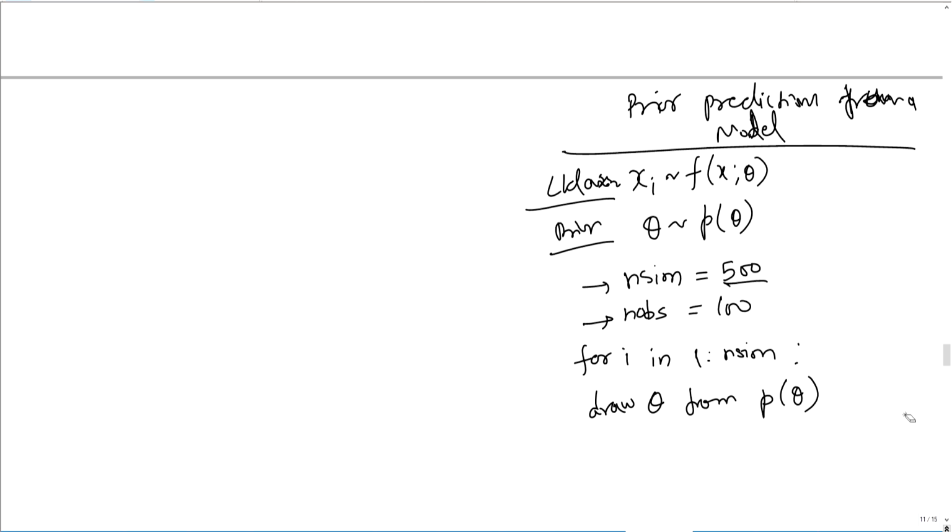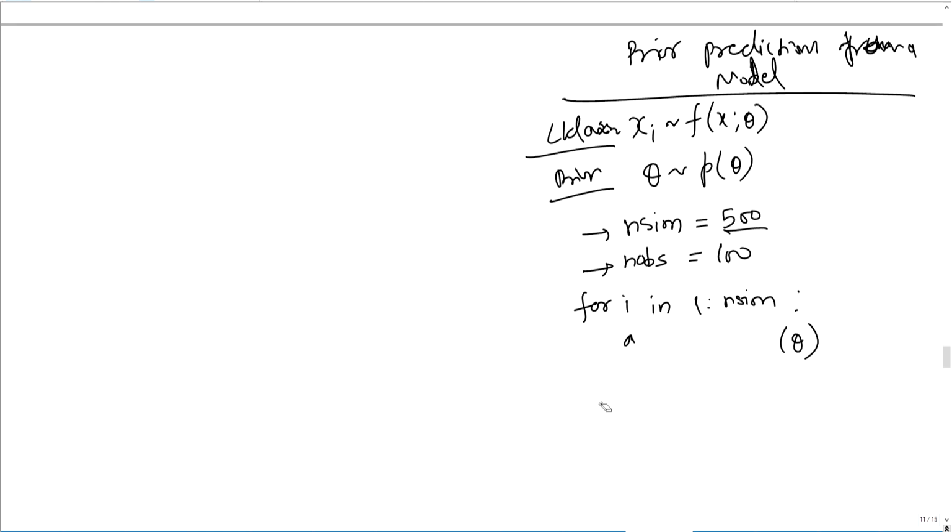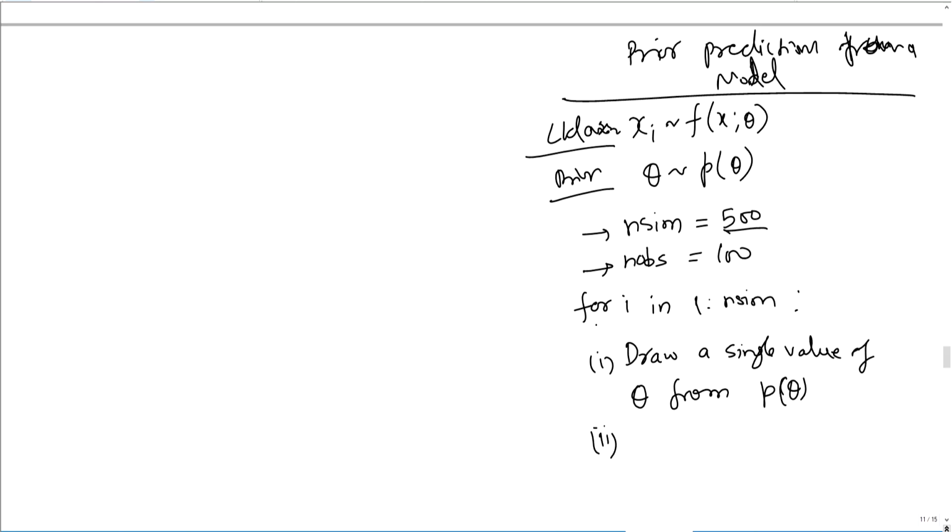So, basically draw a single value of theta from p of theta, which is its prior distribution. That is the first thing you will do inside this loop, okay.